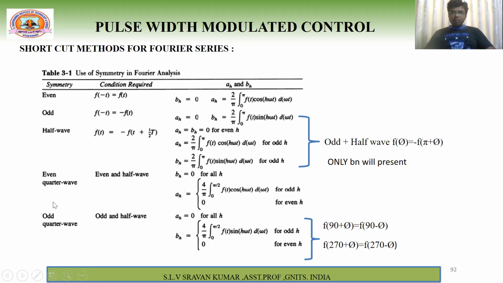So if you are getting odd plus quarter wave symmetry, the derivation is very simple. Odd plus half wave symmetry is a little bit lengthy, but compared to what we derived earlier, it will be better. So when less time is available, it is better to use these shortcut methods.